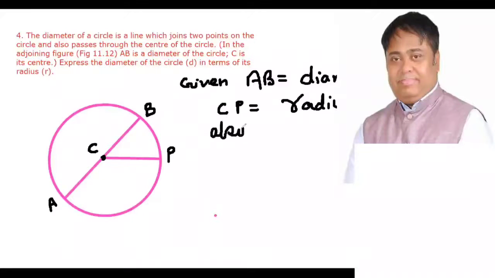Also, AC is equal to CB is equal to CP. This is nothing but distance of circle from center.